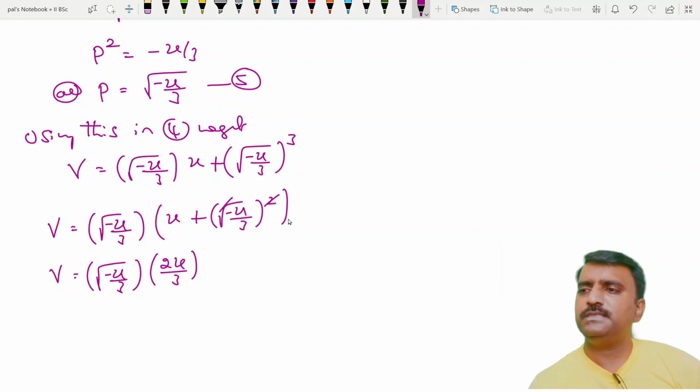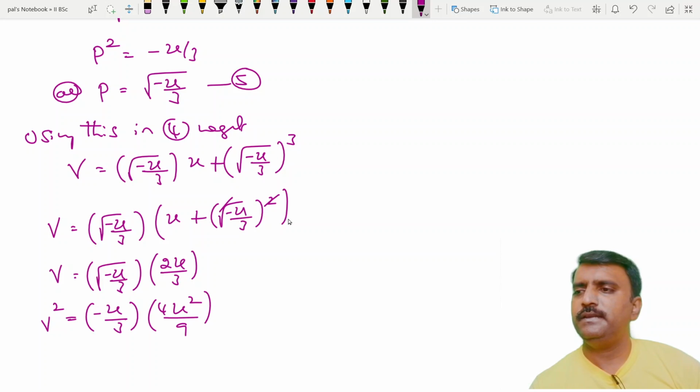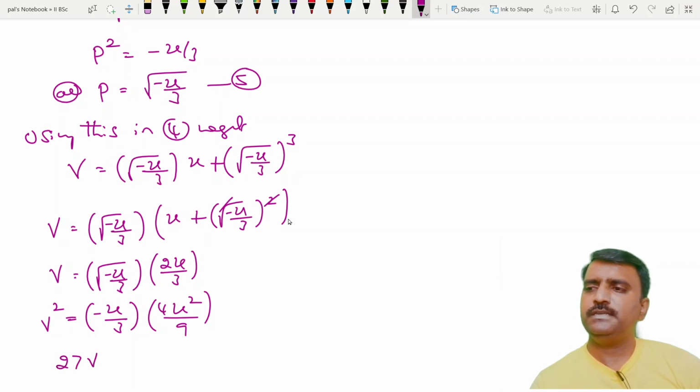If you want to write the answer more simply, square on both sides. So v square is equal to minus u by 3, and if you square this one it is 4u square by 9. Cross multiplying, 9 threes are 27, this is 27v square is equal to minus 4u cube.